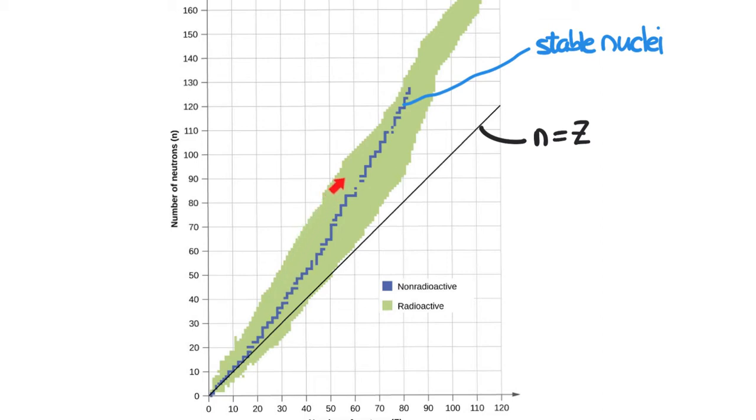These nuclides that are not on this band are unstable, and so they will undergo nuclear processes where they will move toward the band of stability. And so this is what this module is about.